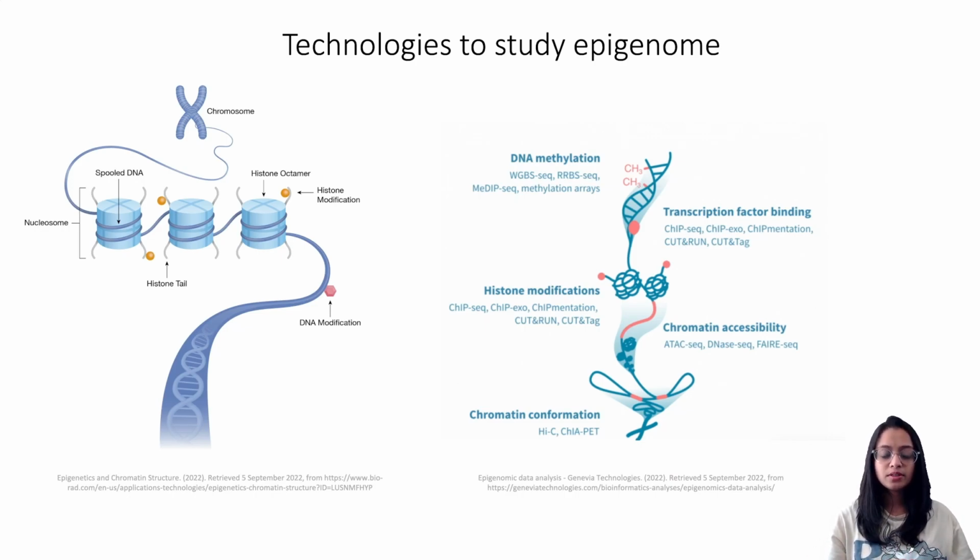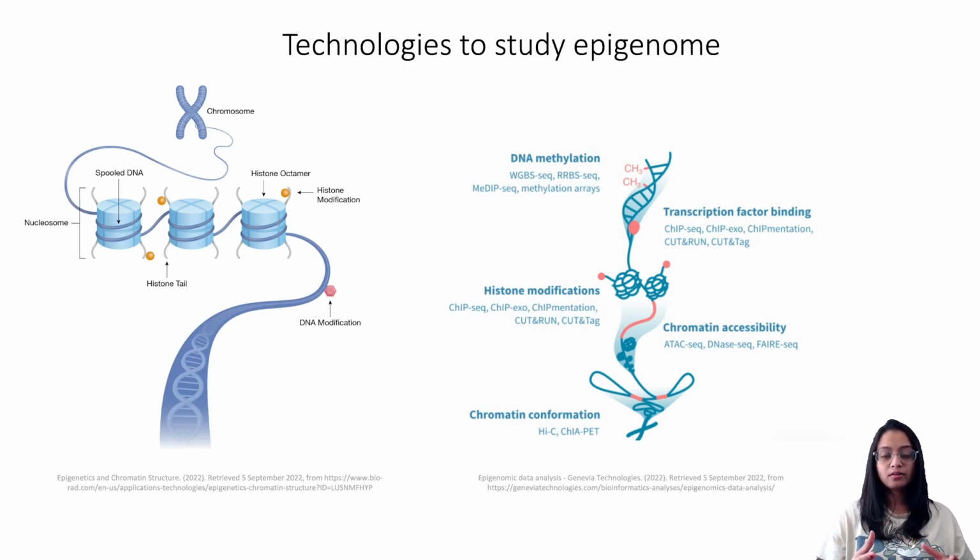In addition to DNA methylation, we can also get the patterns of transcription factor binding sites and histone modifications using a method called chromatin immunoprecipitation assay, which provides us with the location and the intensity of the binding of these transcription factors, as well as information on the location of these histone modifications. In addition, we can also get the sequences of the regions that are not bound by histones by performing a chromatin accessibility assay.